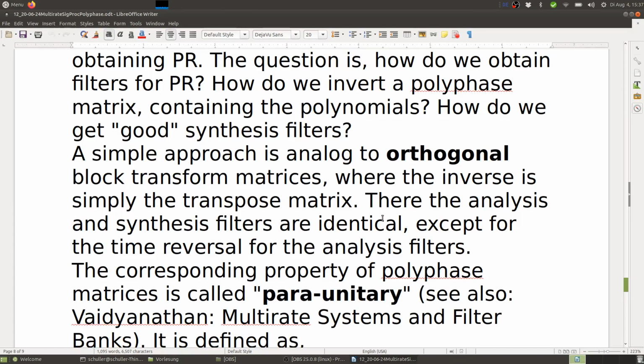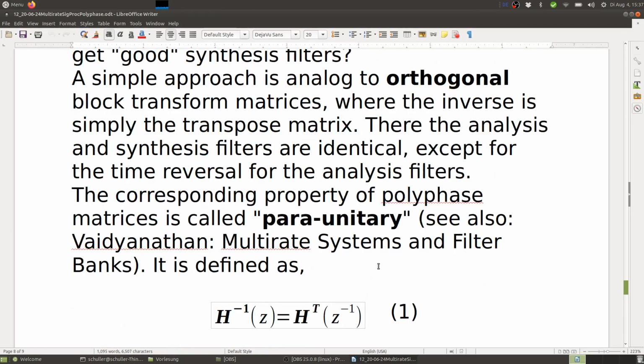The corresponding property of polyphase matrices is called paraunitary. See also the book by Vaidyanathan, Multirate Systems and Filter Banks.